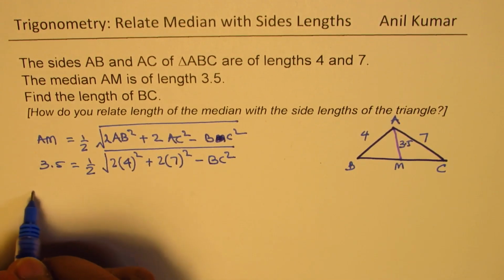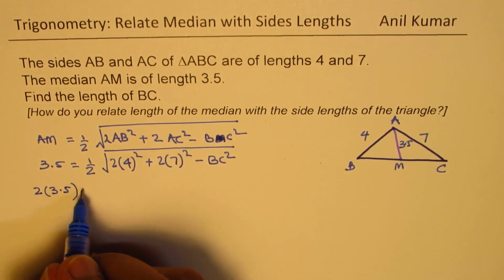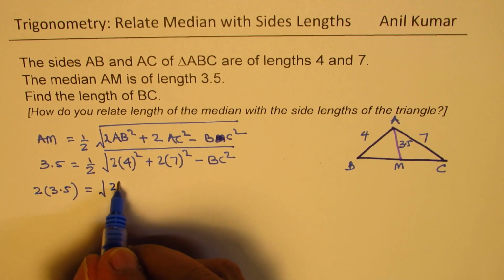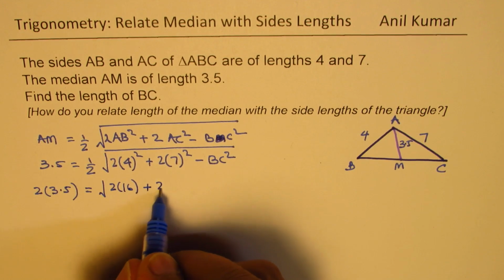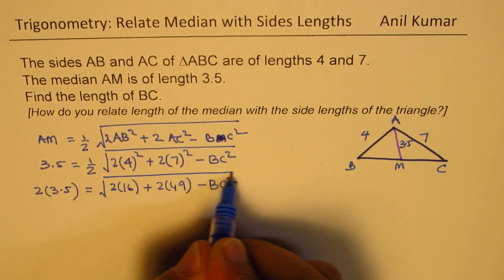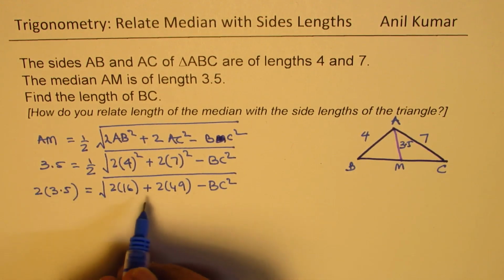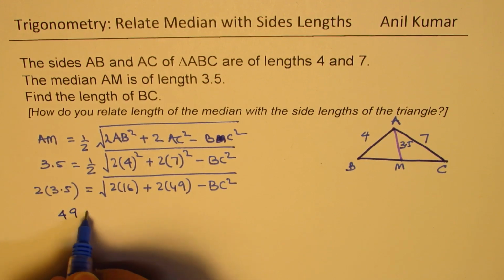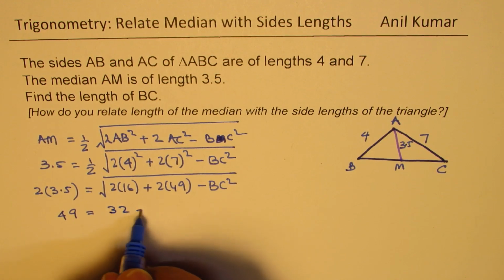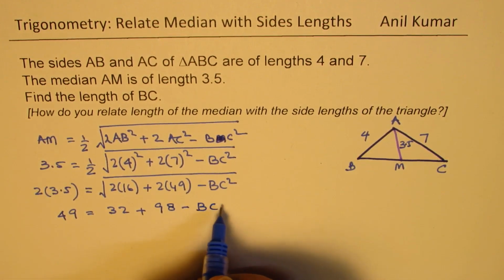So let's cross multiply. We get 2 times 3.5, and then we'll square it, right? So we have within the square root 2 times 16 plus 2 times 49 minus BC square. The square root; so that is 7, 2 times this is 7. We'll square this, so we get 49 equals, when you open this, 32 plus 98 minus BC square, correct?